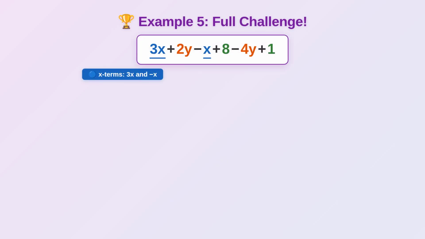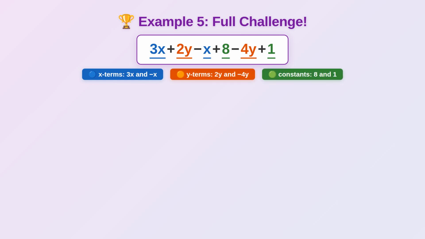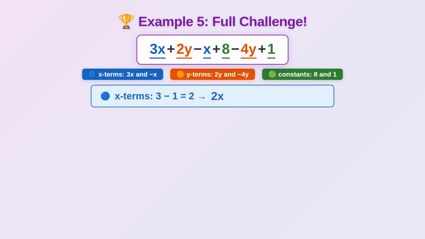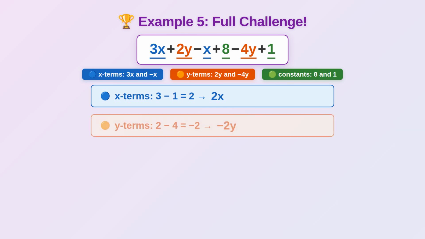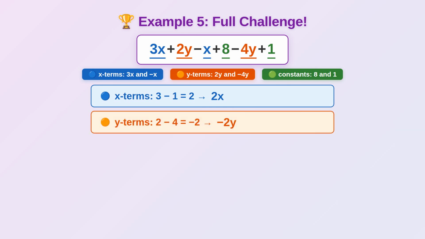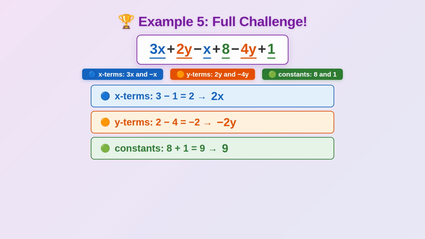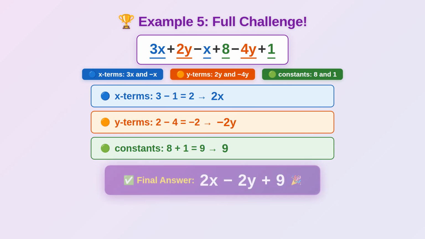That's huge. This is the big one, the last problem on Marcus's worksheet. 3x plus 2y minus x plus 8 minus 4y plus 1. Let's sort carefully. The x terms, 3x and negative 1x. Remember, that lone x at the end means negative 1x. 3 minus 1 equals 2, giving us 2x.